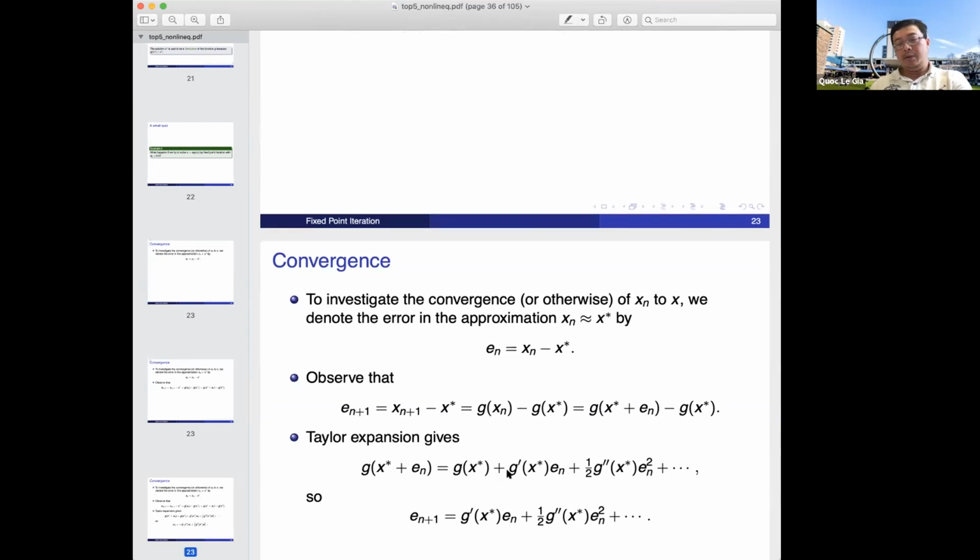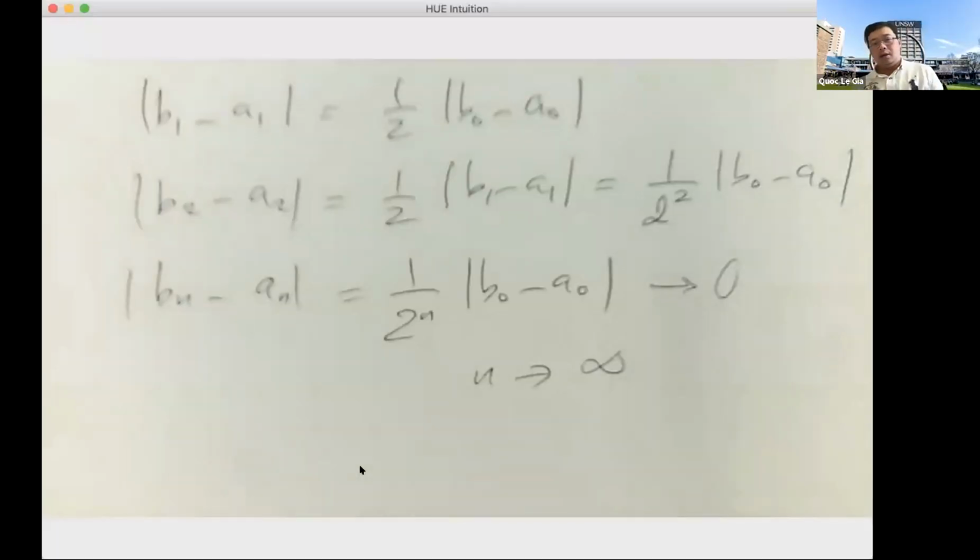Maybe let me write down the Taylor expansion. If you don't remember Taylor expansion, then we need to review it. So remember, what is a Taylor expansion?